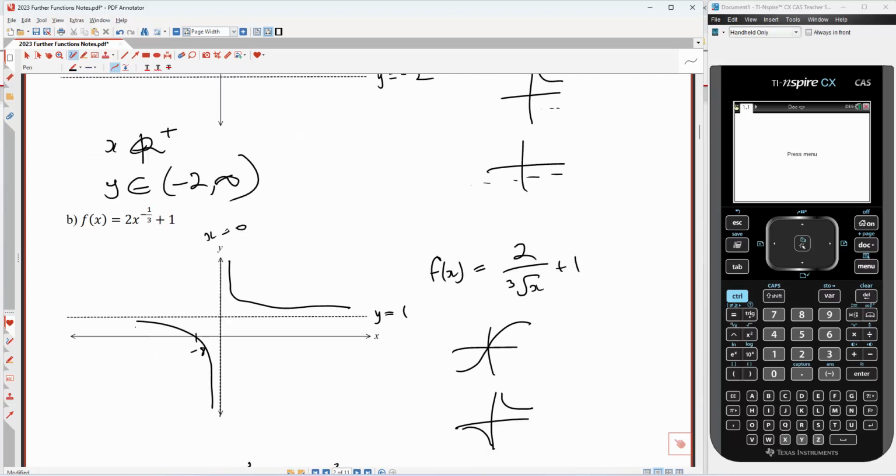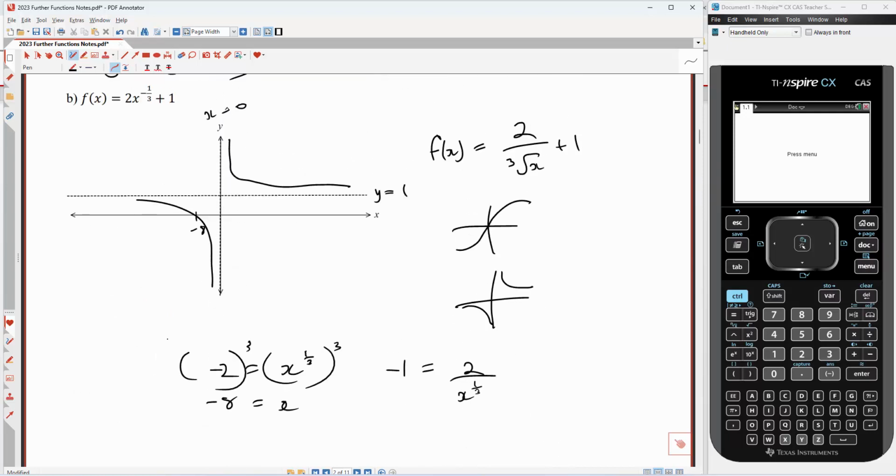Oh, my handwriting's shocking. Okay, this one here, x is an element of all reals not including 0. y is an element of all reals not including 1.